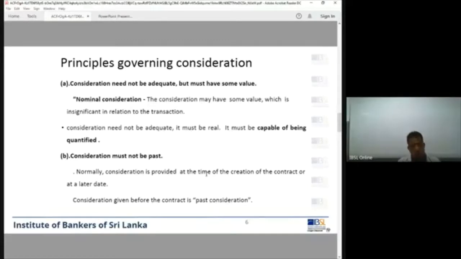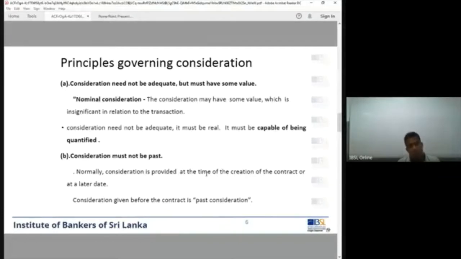Now, in certain transactions, you may have heard some people put only a nominal value for various reasons. Some people put a nominal value to avoid tax. You purchase a land, the actual value of the land is, say, 10 million.